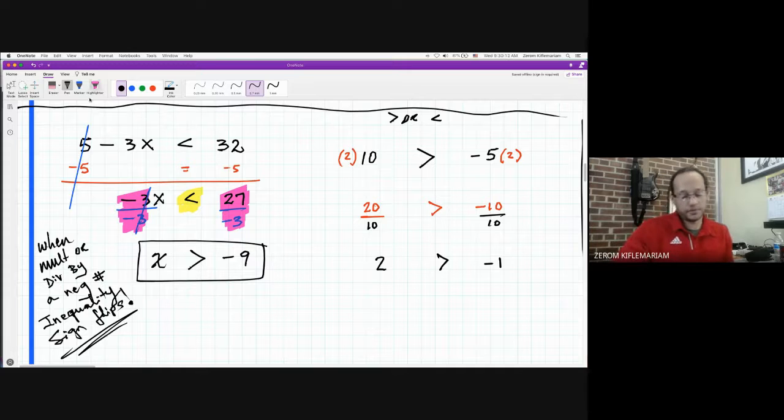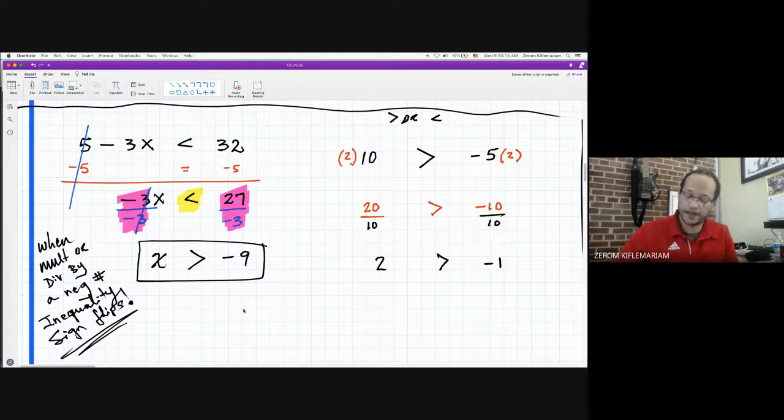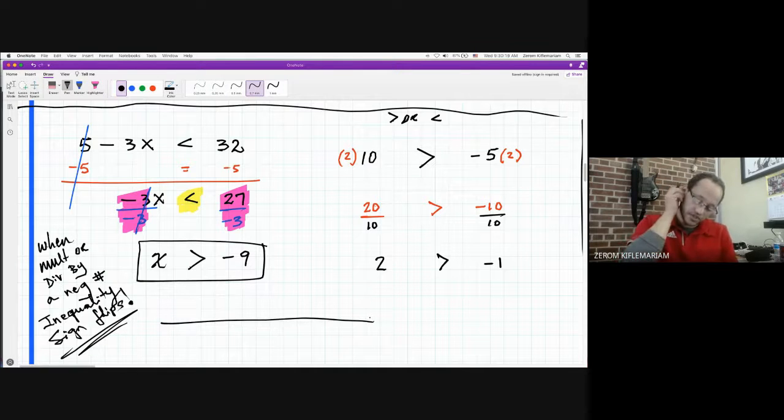Based on this one, we can go ahead and say, okay, I have my number line, with negative infinity, positive infinity, and the number I'm interested in, negative 9.